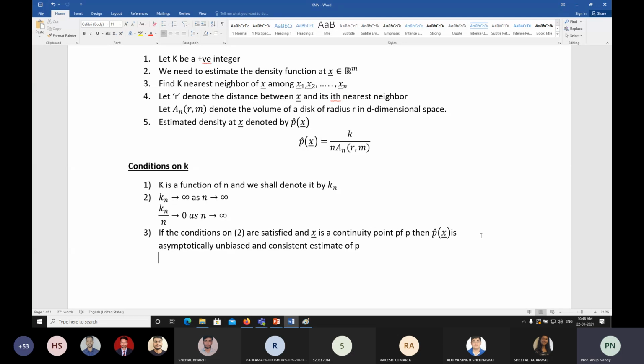And consistent means the difference between the estimated value and the actual value gets reduced. So that's what is called consistency. Estimated minus actual, the difference gets reduced. Or asymptotically unbiased estimate means the actual value is equal to your estimated value. That we have already proved.